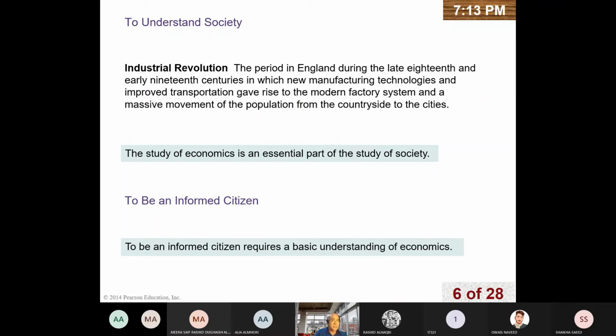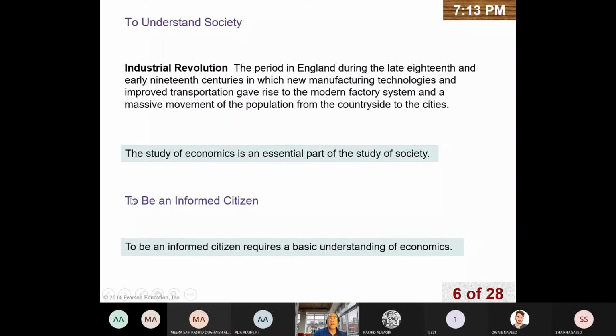So economics will help us to understand our society, UAE society. So why are the customers not willing to purchase as before? Because of the negative effect of the coronavirus pandemic on the level of economic activity in the whole UAE.